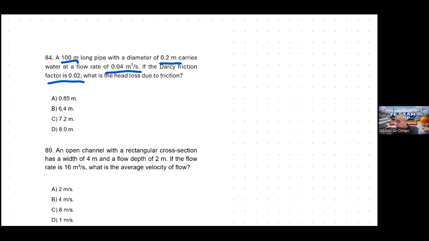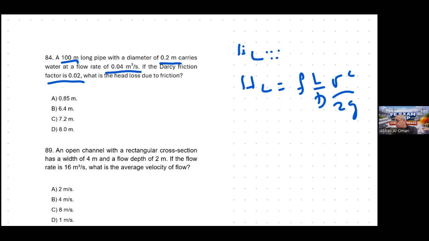So there is a formula for the head loss, which is head loss equals F L over D V square over 2G. This is the Darcy-Weisbach head loss formula.